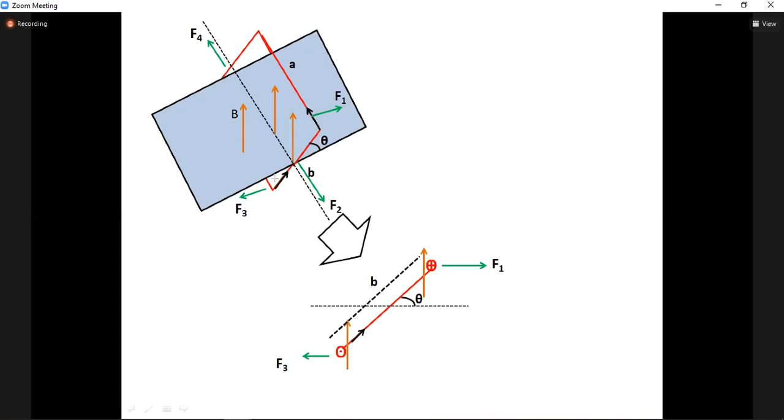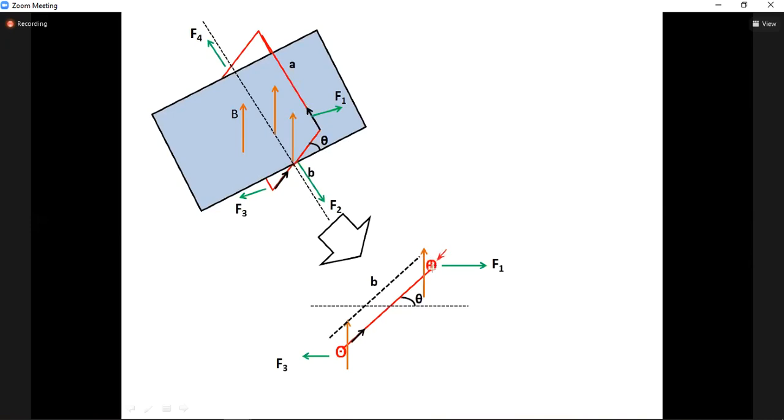Okay. So when current is coming from this end, it is coming toward you, so I have represented it like a dot here, and when current is going away from you I have given an arrow here, okay? Like this one here.